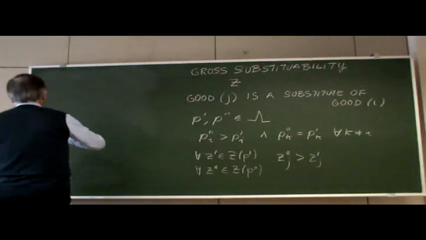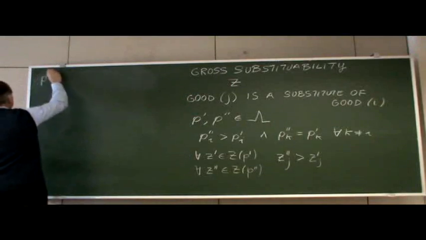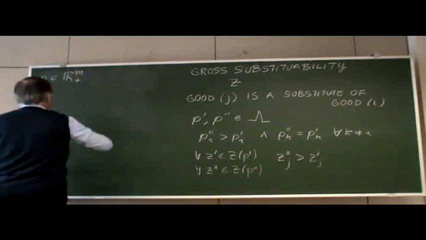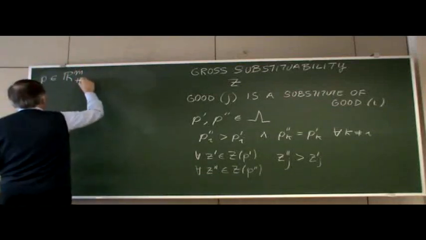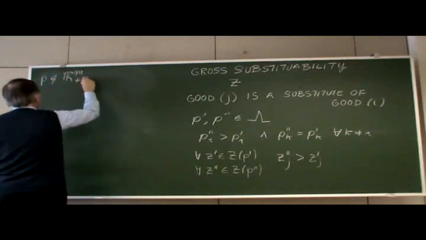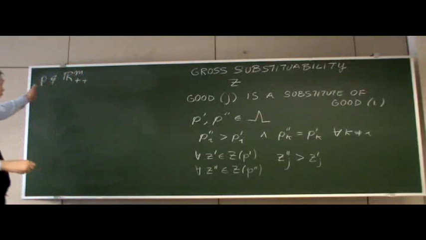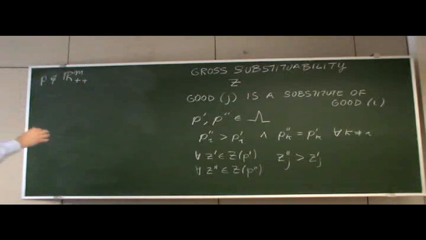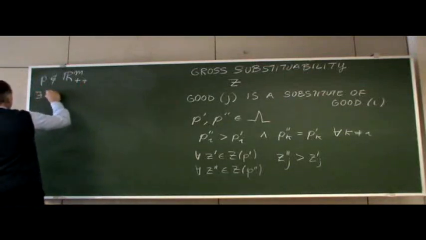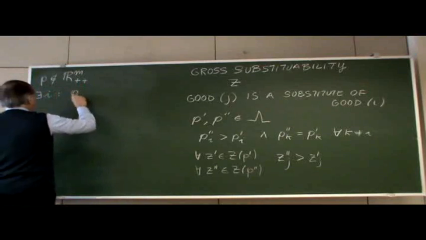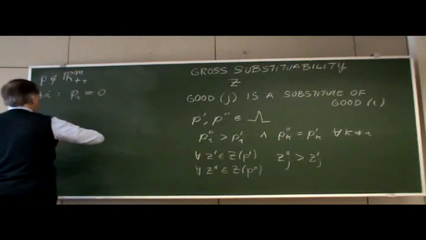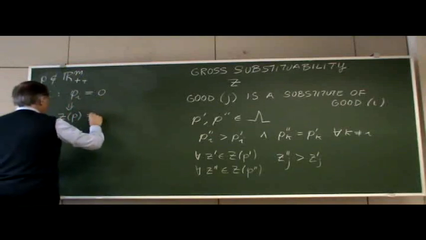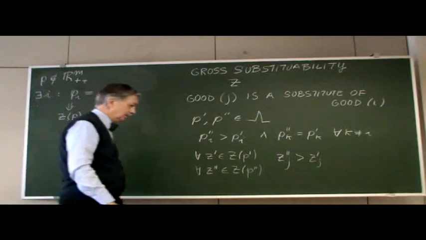If this property holds and P belongs to the non-negative orthant, but P does not belong to the positive orthant, in other terms, there is at least one good I such that Pi is equal to 0, then Z of P must be an empty set.